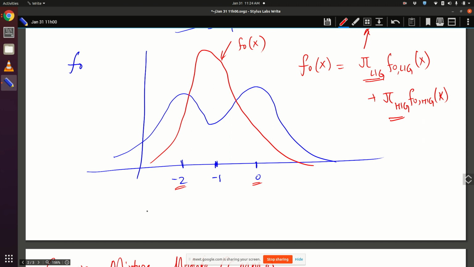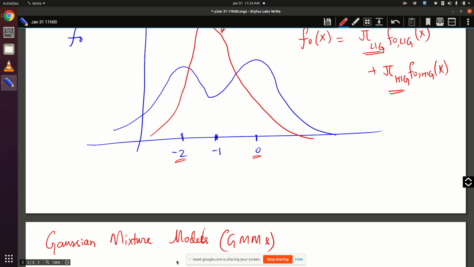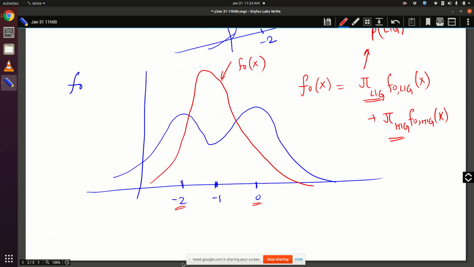So basically the problem has become a little richer. This is one example where Gaussian mixture models are used. GMMs are very popular, have a lot of applications and do really well. So we will spend some time on Gaussian mixture models.